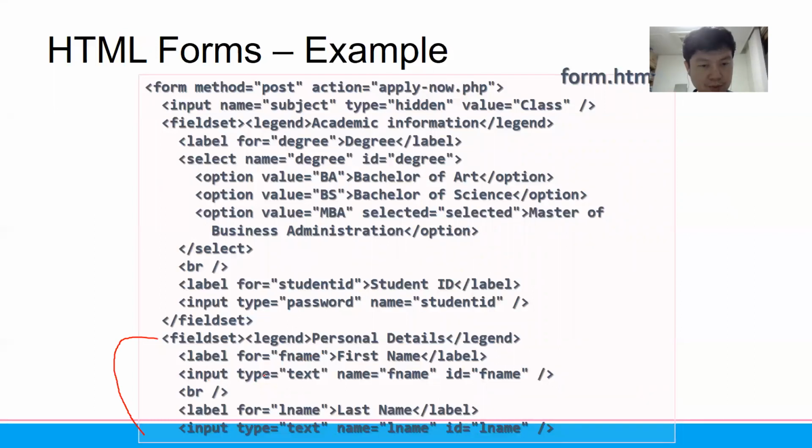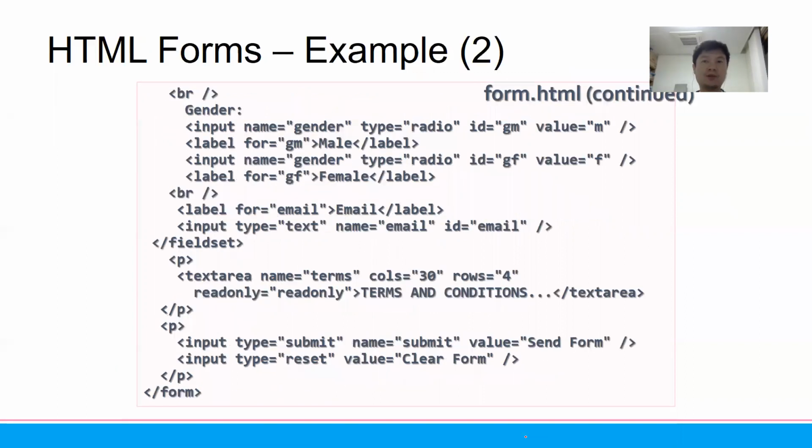Now we are going to put the input text, so you have the name F name, and the ID F name, and we have the L name for the label, and then the type is also text, and then this is L name and ID L name. Okay? So ID is something unique.